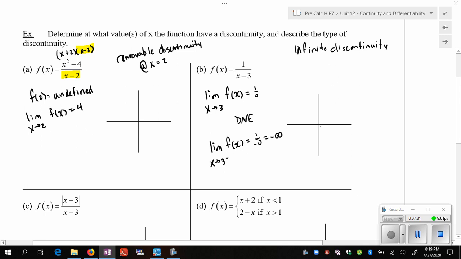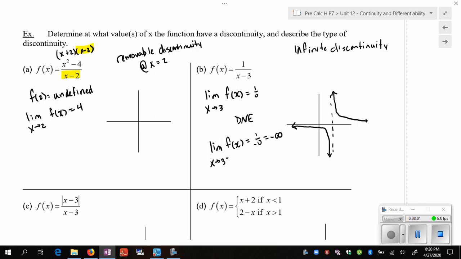So I'm going to have an asymptote at x equals 3. And this graph is going to go down to negative infinity. And if you had to guess, it's probably going to go to positive infinity on the other side. And again, you could do the limit on the other side, and you would see that you're getting a positive infinitesimally small number. So that's an infinite discontinuity.